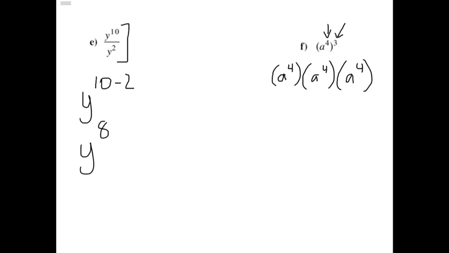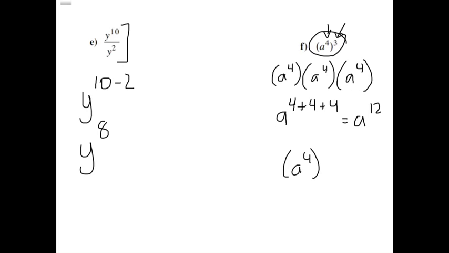Now, if we think about the product law, all this means is we're going to have a to the power 4 plus 4 plus 4, which is basically going to be a to the power of 12. If you take a look at the original question, you've got a to the power 4 with 3 on the outside. This is just being multiplied together. 4 times 3 is equal to 12.